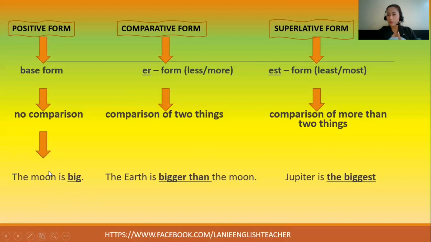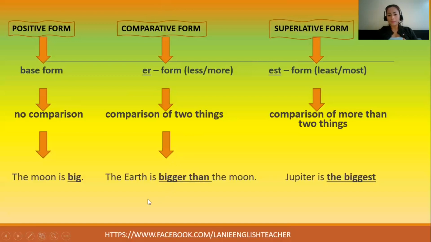We are talking about the moon only, nothing else. So we are describing only the moon and nothing else. Therefore, the adjective big here is in positive form. Is that clear?